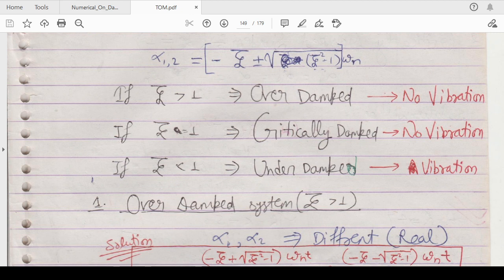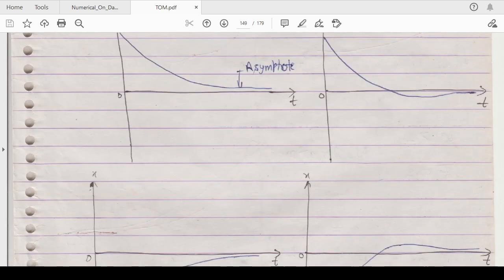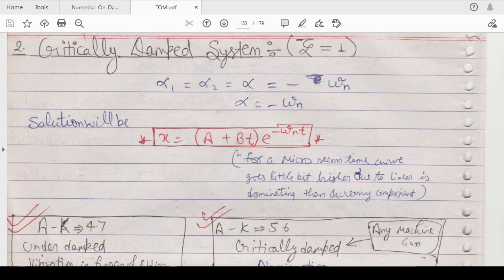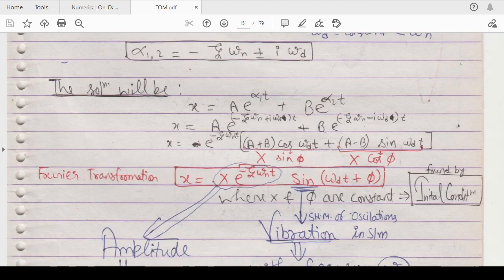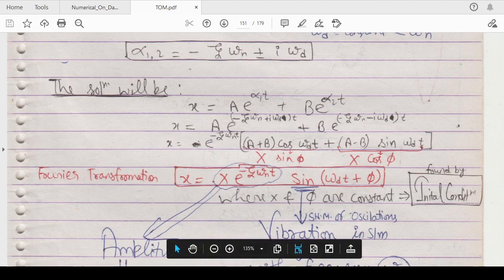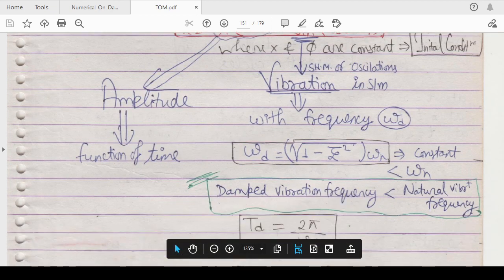If it is equal to 1, then it is critically damped. If it is less than 1, then it is underdamped. Only in an underdamped system will you feel vibrations, and we have seen the solution for this in the previous video.